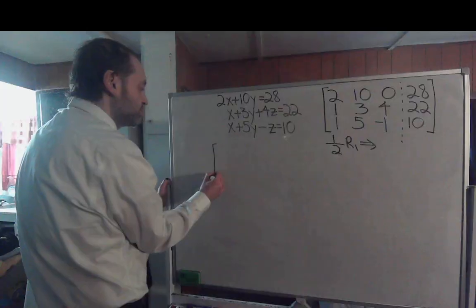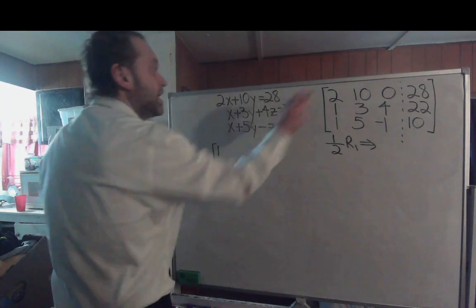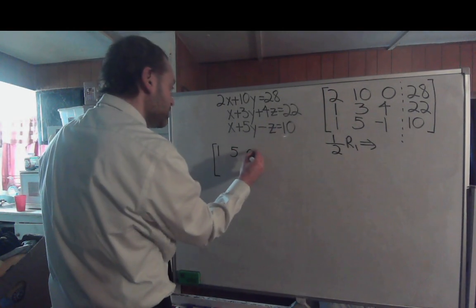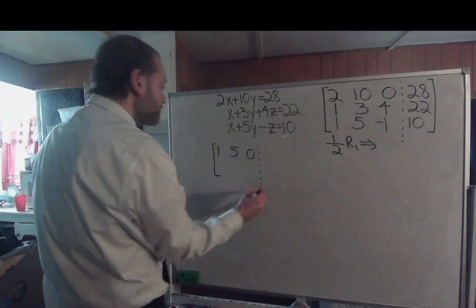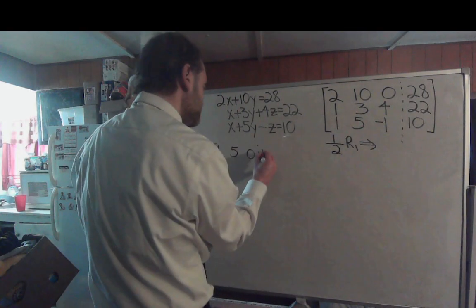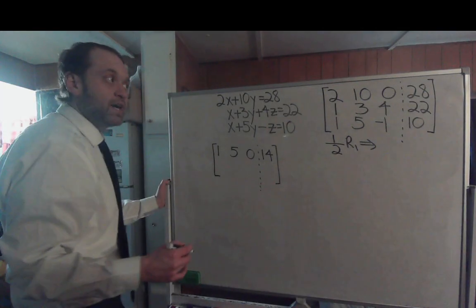So half of 2 is 1, half of 10 is 5, half of 0 is still 0, and then half of 28 is 14. They worked out with nice even numbers and no fractions.